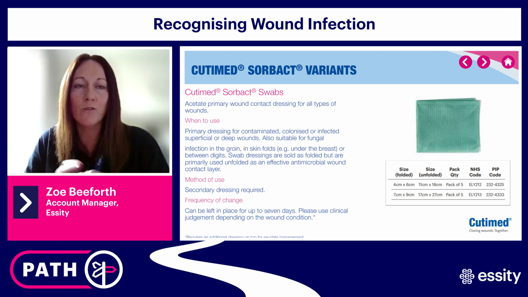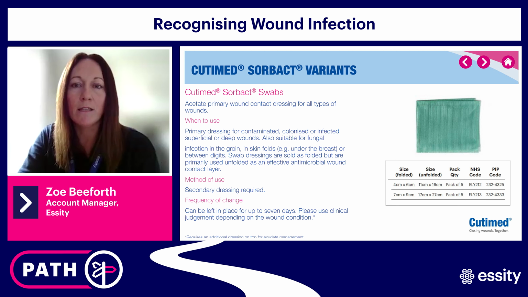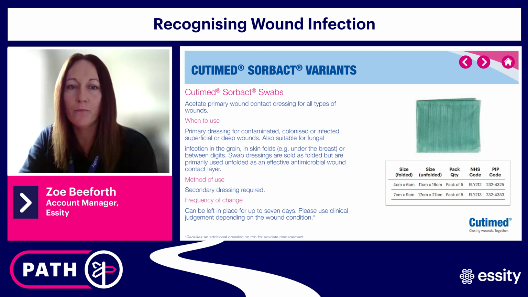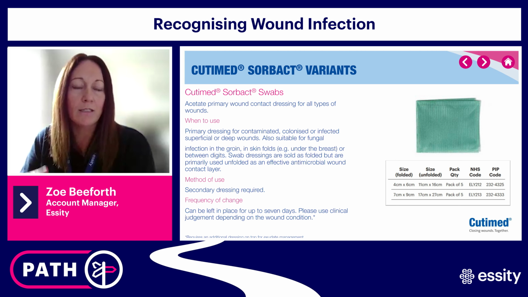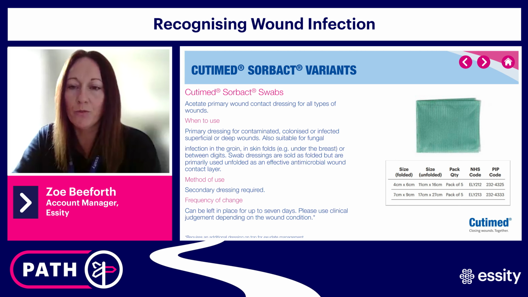We can cut the swab, that's no problem, but we do recommend leaving a centimetre border around your wound bed, so obviously greater than your wound bed size. It can be left in place for 7 days. Obviously that would be dependent on clinical judgment, the degree of contamination and the exudate levels.